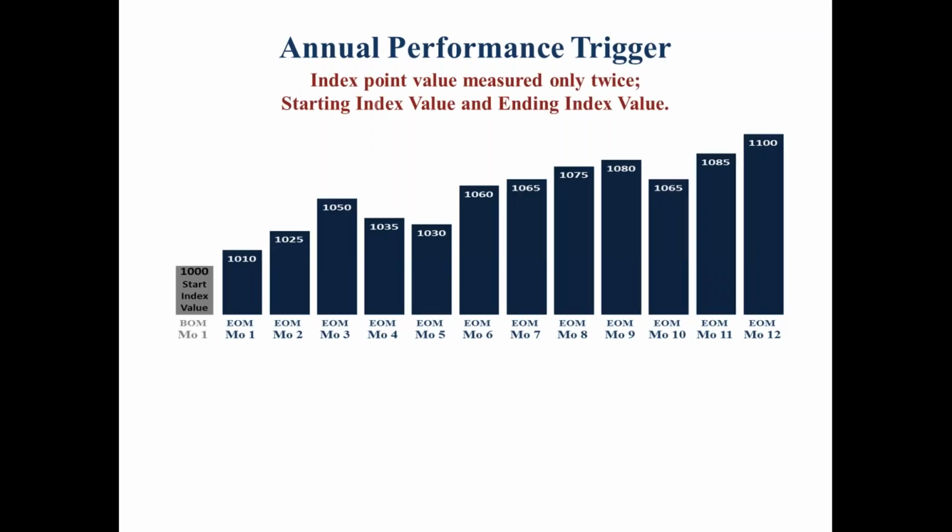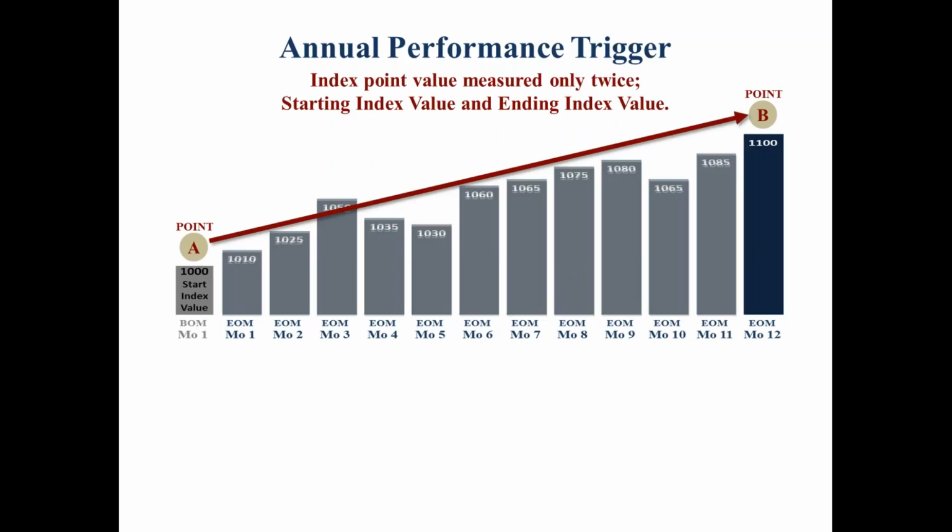Same scenario here. With an annual performance trigger strategy, similar to a point-to-point, we're only going to measure the index twice: our starting value, point A, and point B. In this case, just like in all of our examples, our ending value is 1100, okay?